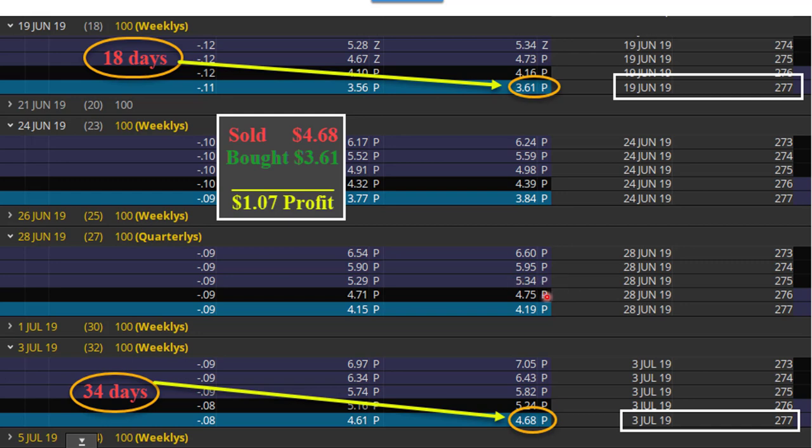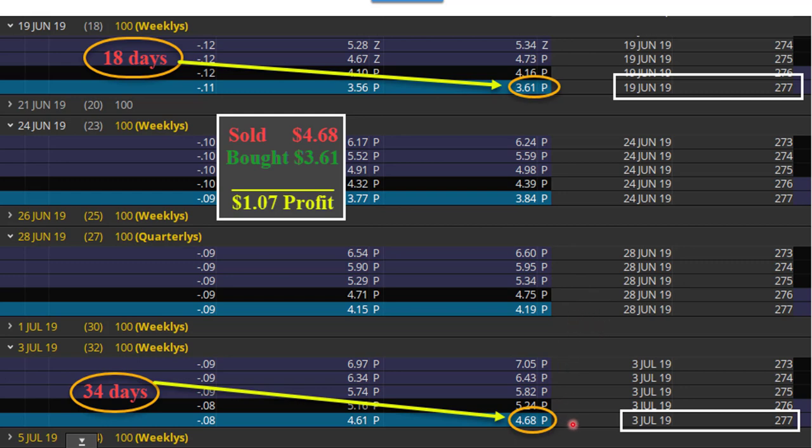So I bought it for $4.75 and I sold it for $5.34. Right? And of course we would want to be splitting the difference between these two, right? Slippage. But we use that strike price increment to identify what would happen to the value of our options if the market went up $1, if the market went down $1.